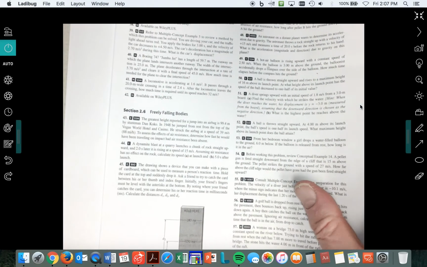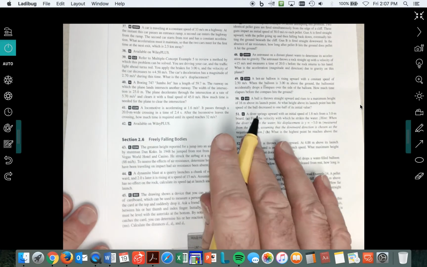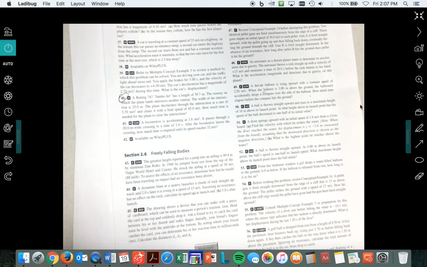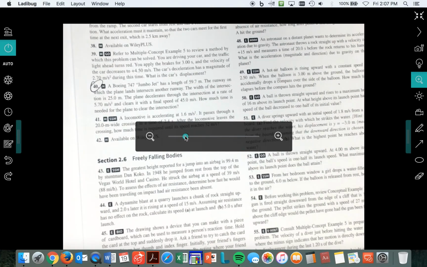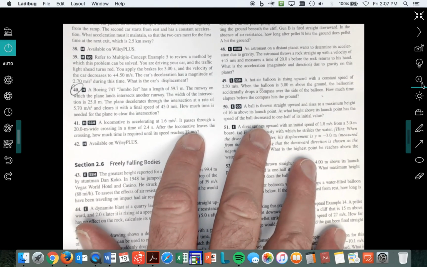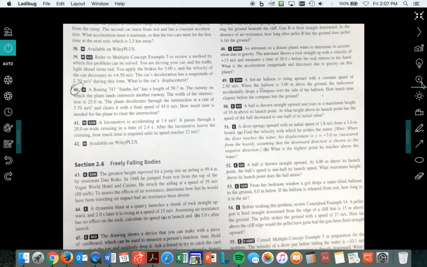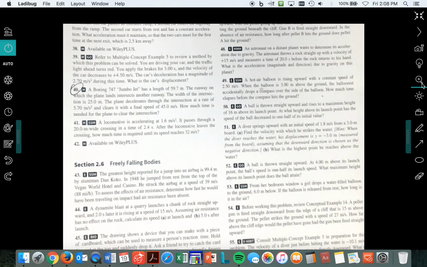Here's a good problem. Right here it is. So I wanted to look at this. Again, airplane, coming in. All right, I hope you can read that. So it says a Boeing 747 has a length of 59.7 meters.